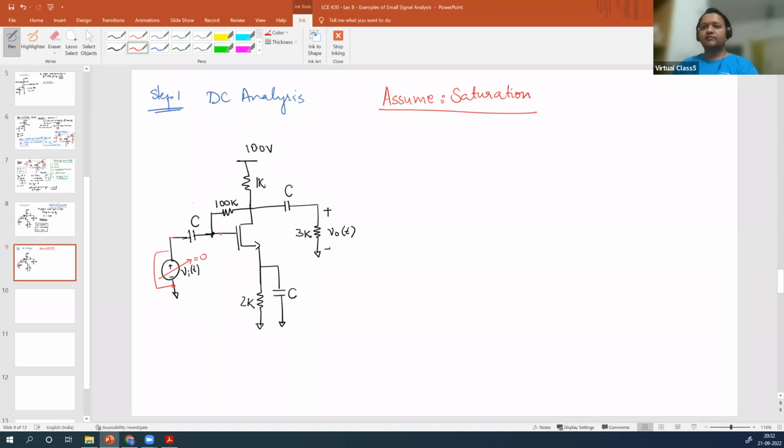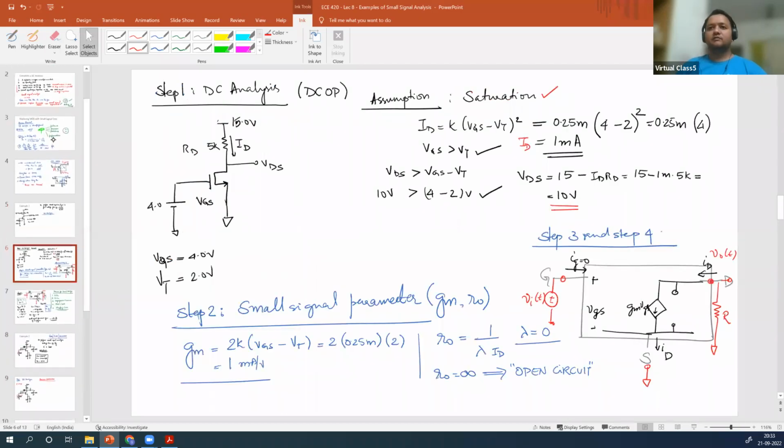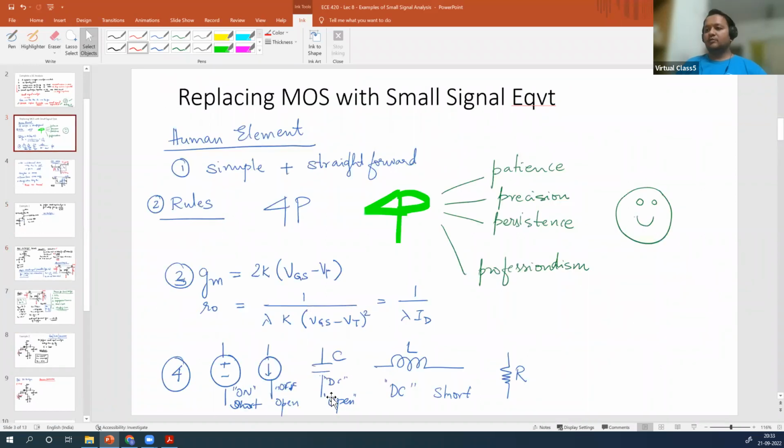I did mention passives, L and C. We said C is large. What happens when C is large? For DC, C becomes what? Remember, when DC, C becomes an open circuit.